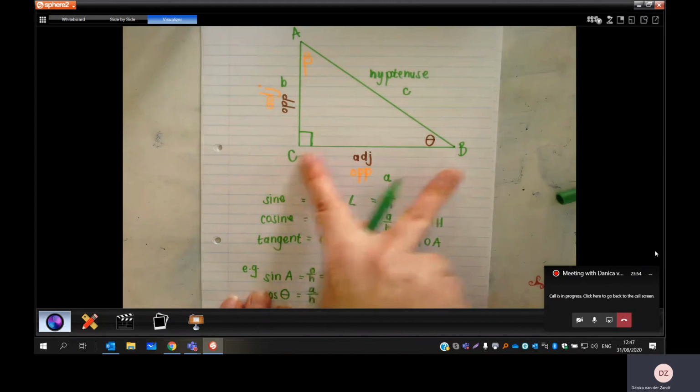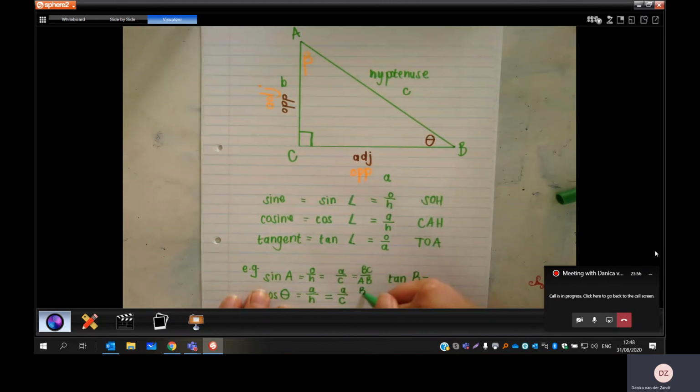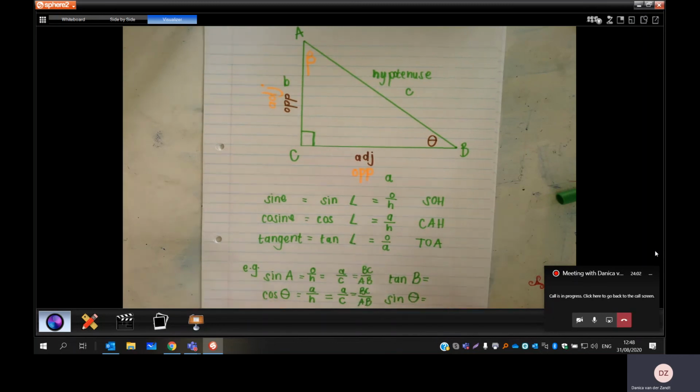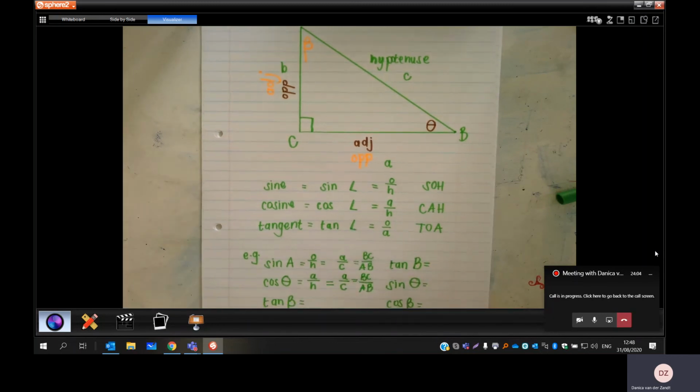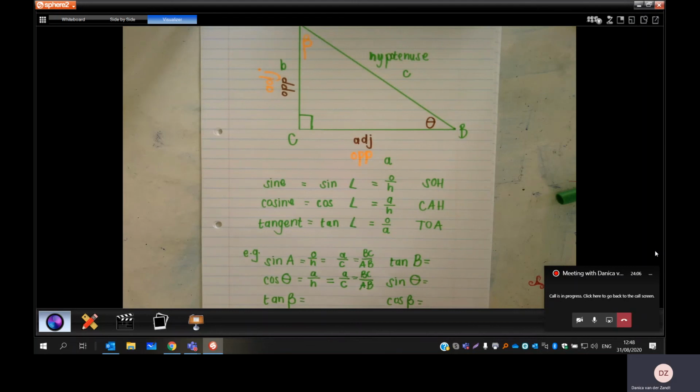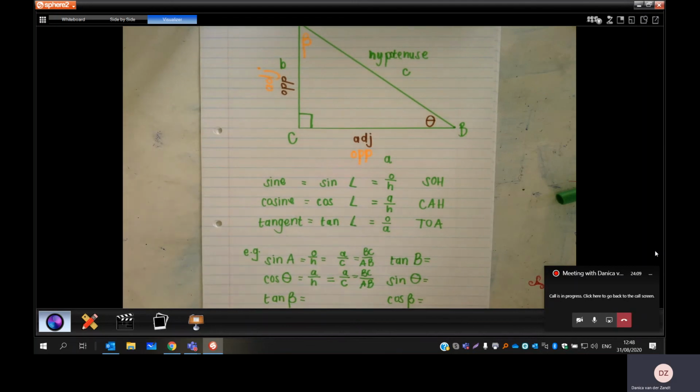So my adjacent would be BC, and my hypotenuse would be AB. I know I haven't made a mistake. Those two answers are the same, which we will get to later in the week.